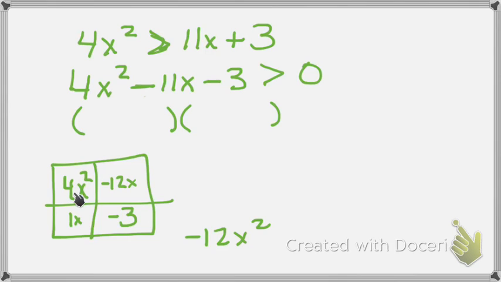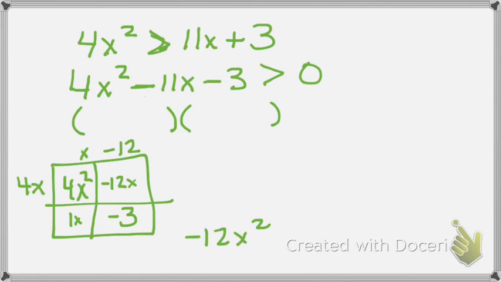All right, what do these two have in common that I can pull out? X. And x times what, 4x? Yep. Oh, shoot. -12 and what? I need a 4 out here, don't I?